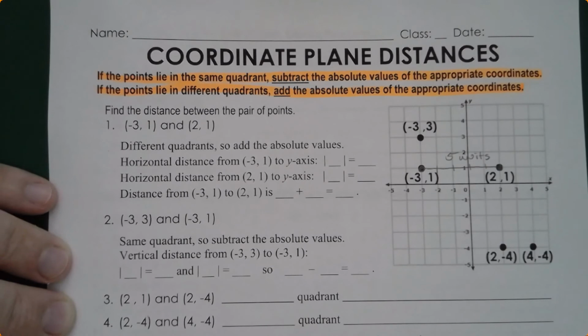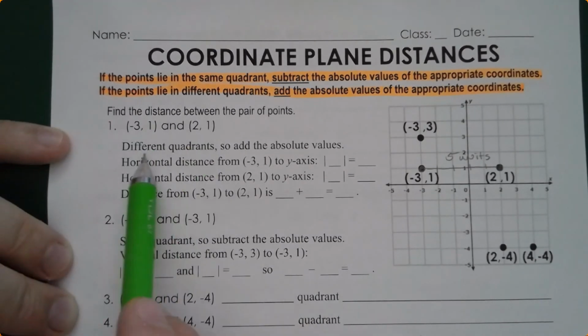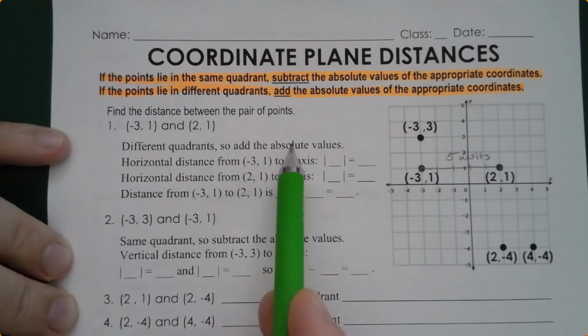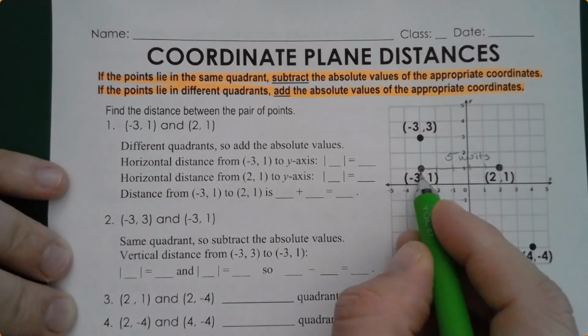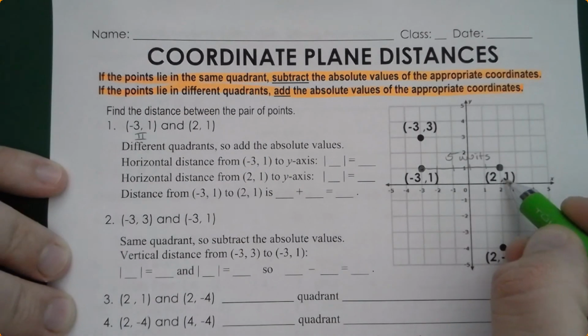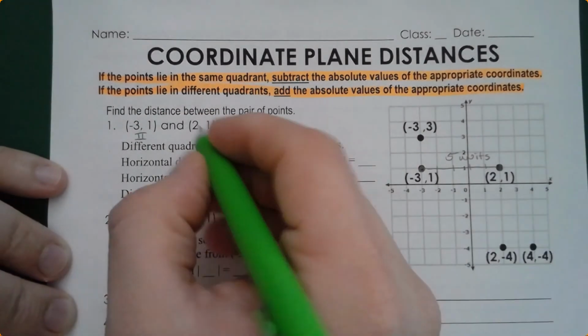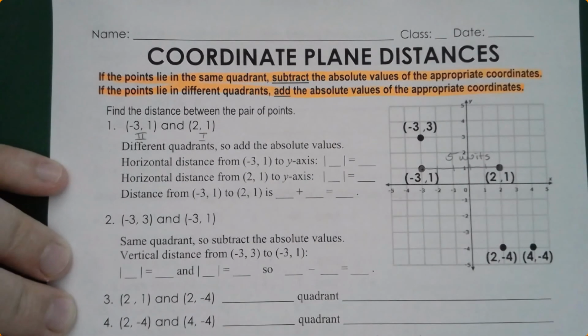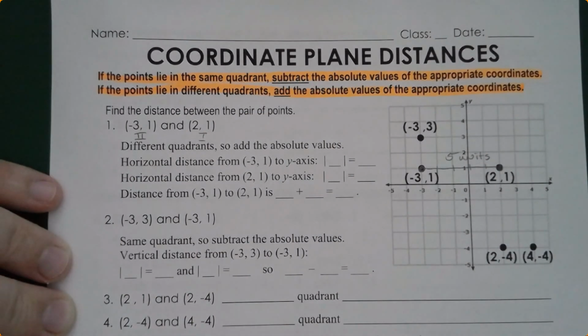It says find the distance between the pair of points. They're in different quadrants, so we add the absolute values. We know this to be true because negative 3, 1 is going to be in quadrant 2, and 2, 1 is going to be in quadrant 1. So these are two different quadrants, so we're going to add the absolute values. Now, before we add anything, there's something we need to identify.